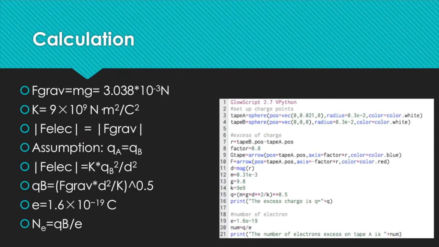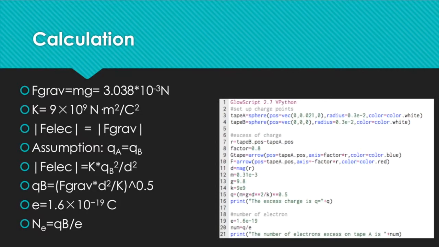Here are my calculation steps. I posted a screenshot of my code on the right side, but it's basically the same as the left side calculation. We first need to calculate the gravitational force, and we know the constant K. As I mentioned, the tape was in the equilibrium state, so the electric force is equal to the gravitational force.